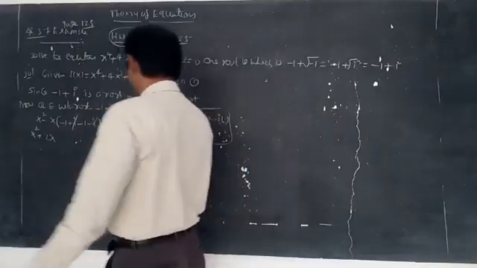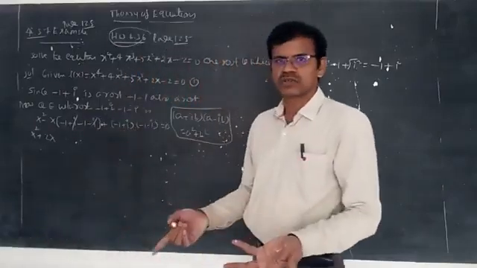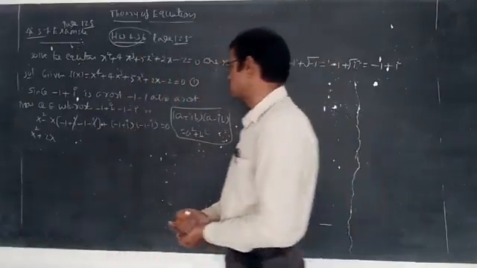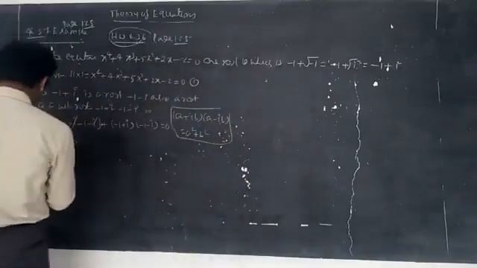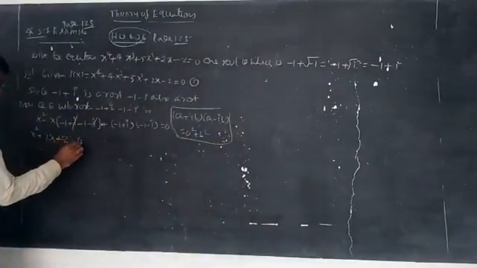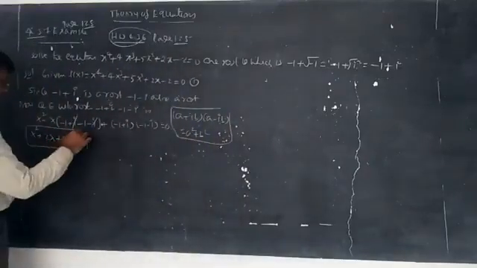Here that is (-1)^2 + 1^2 = 2. So x^2 + 2x + 2 = 0.